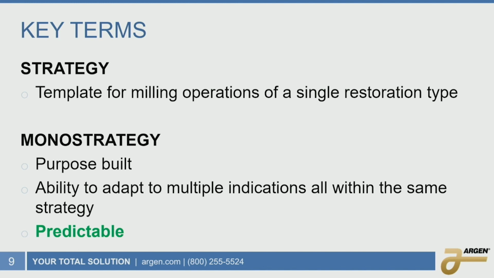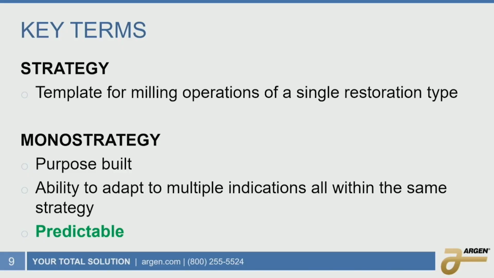So the best way to look at it is it's a very, very long strategy with a lot of multiple operations. And based on what you pick as you're going through Mailbox, it then sorts everything out to make the strategy for that specific operation, for that specific material and that specific object type. And what we have found, most importantly with the monostrategy, is that it is predictable.